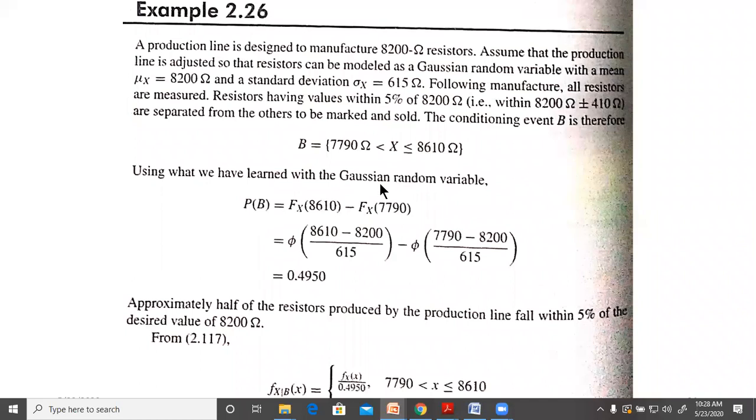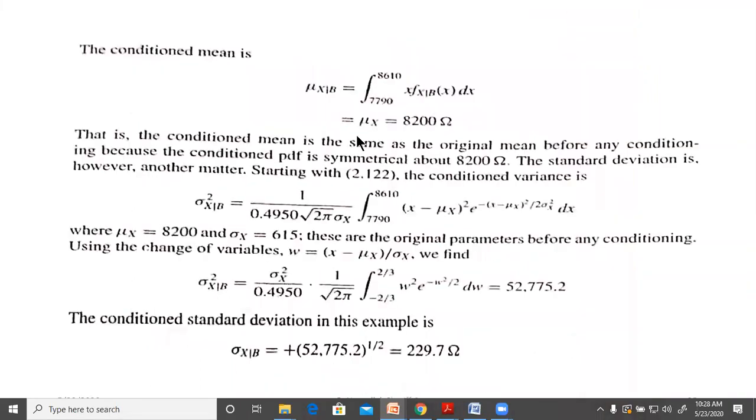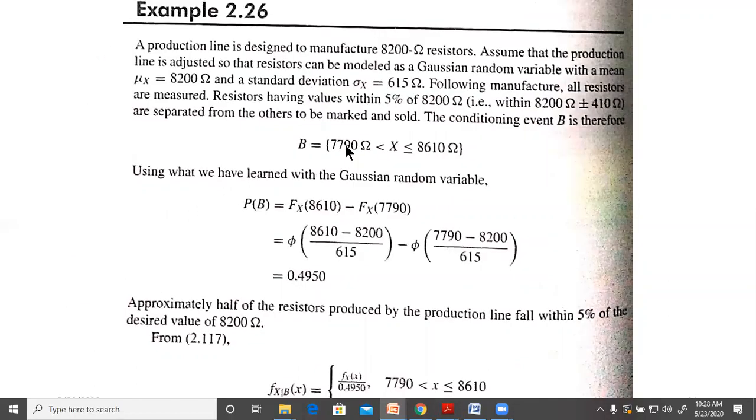So P(B) will naturally be F_X of 8,610 minus F_X of 7,790. If you want to calculate with respect to the mean and the standard deviation given here, we can find 8,610 minus 8,200 divided by 615, and 7,790 minus 8,200 divided by 615.